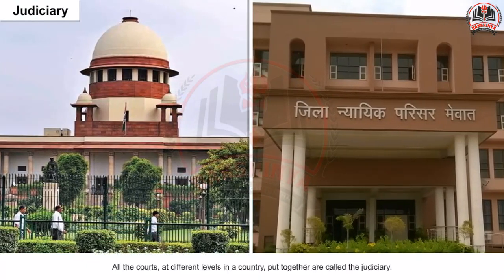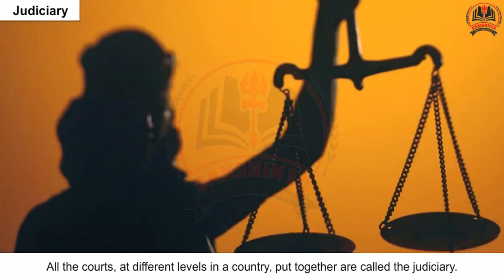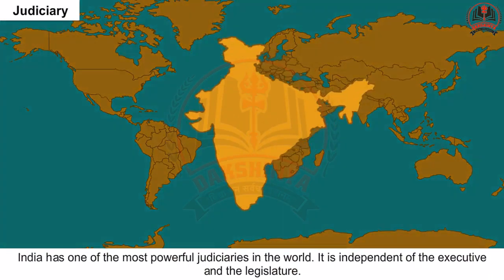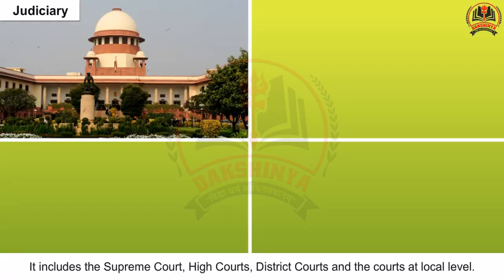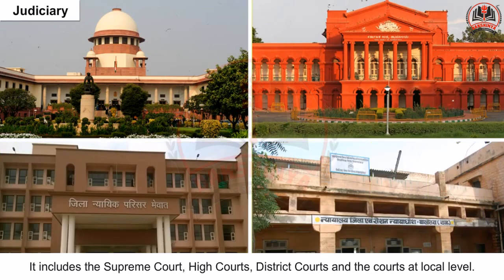Judiciary. All the courts at different levels in a country put together are called the judiciary. India has one of the most powerful judiciaries in the world. It is independent of the executive and the legislature. It includes the Supreme Court, High Courts, District Courts and the courts at local level.